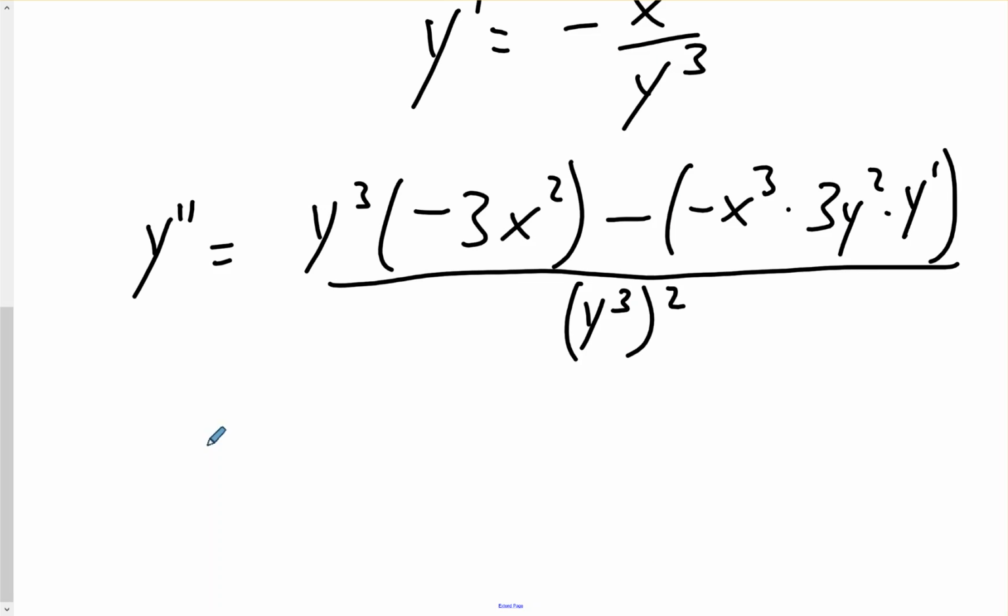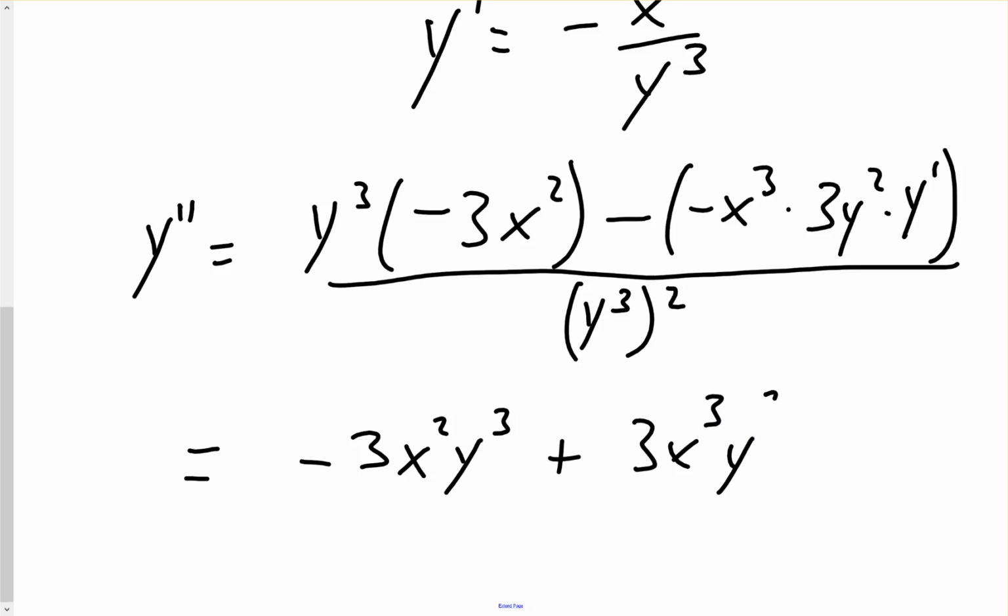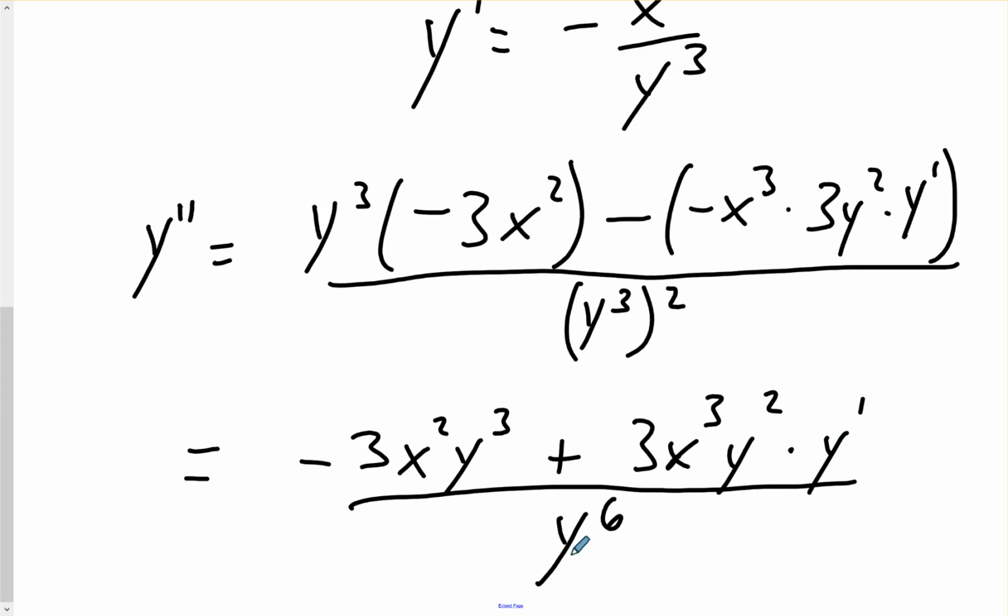So when we simplify things a little bit, we'll have negative 3x squared y cubed plus, right, because we have negative over minus, this will be 3x cubed y squared times y prime, all over y to the 6th.